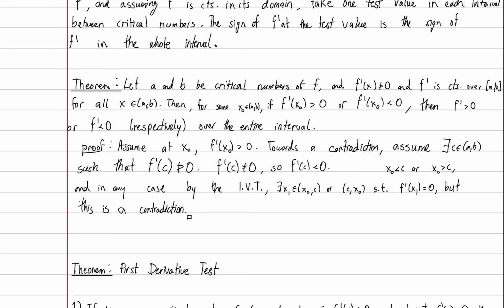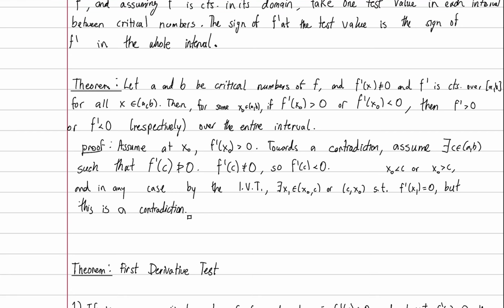Now we're going to assume at x naught, f prime of x naught is positive. Towards a contradiction, we're going to assume that there's some point c in the interval, maybe multiple, maybe just one, such that the derivative is not positive there. Now, it cannot be 0 because there are no critical numbers inside the interval, so it has to be negative.